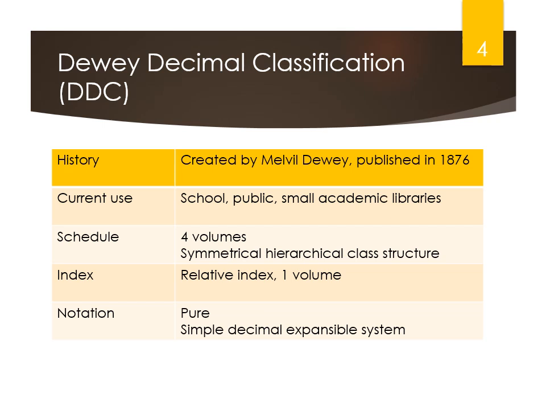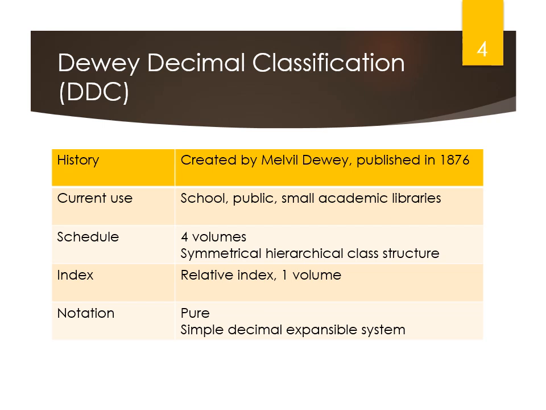In the DDC, currently it has 4 volumes and the relative index, and its notation is pure, which we discussed in previous lectures, right?